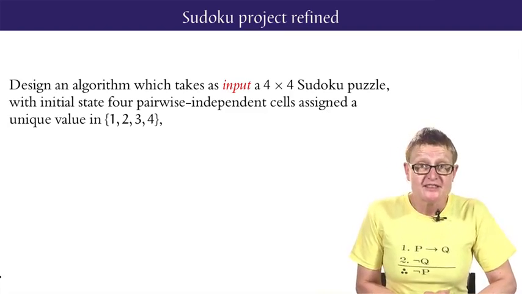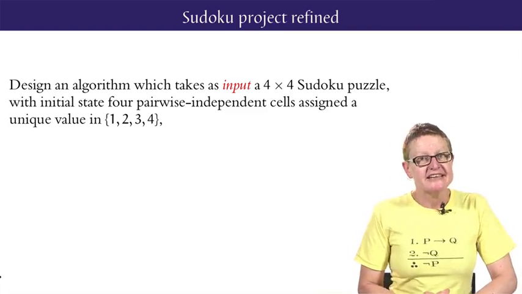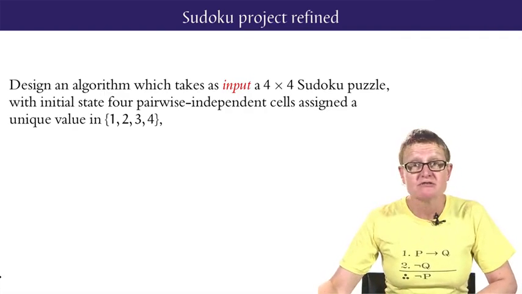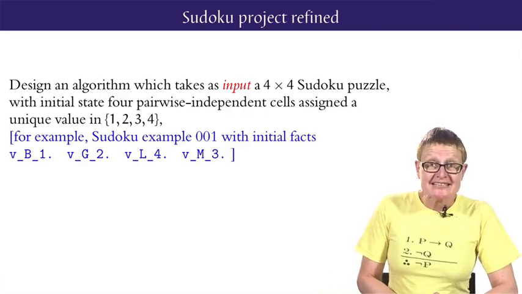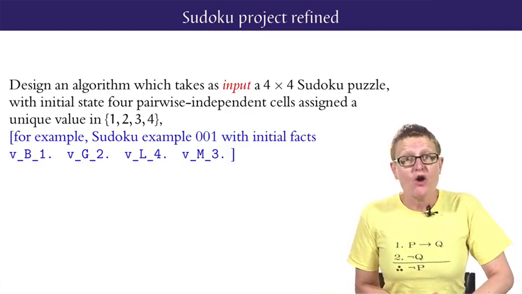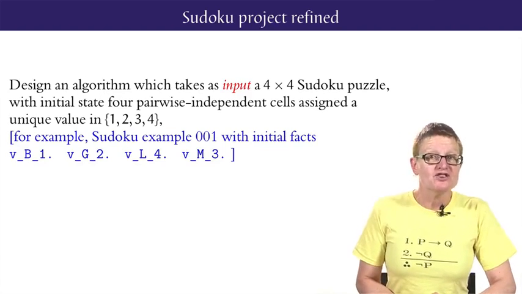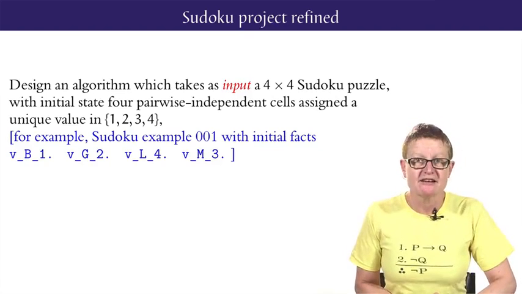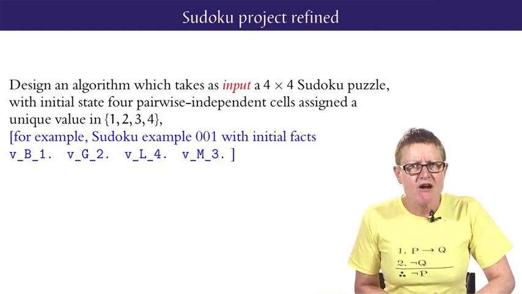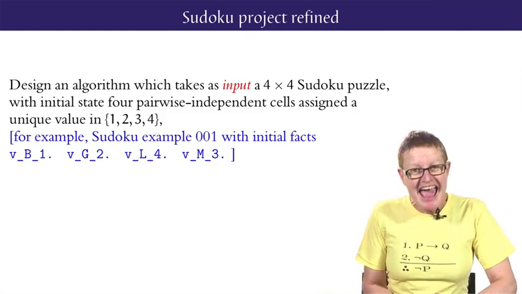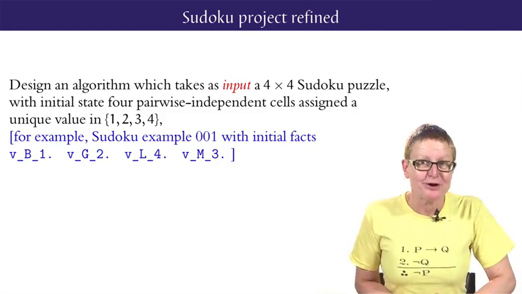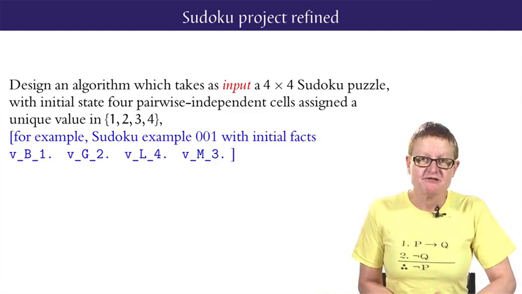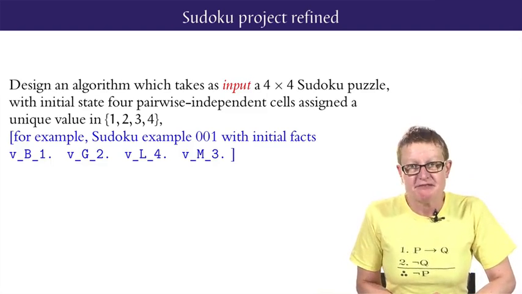Our task is to design an algorithm that takes as input a 4x4 Sudoku puzzle with approved initial state and produces as output a propositional PROLOG program which will solve just that puzzle using program clauses containing only the 64 cell value atoms. We will describe an algorithm and how to implement it by hand. To fully automate the process, the algorithm could be implemented in the richer predicate PROLOG with extensions for writing to files or implemented in a different programming language.